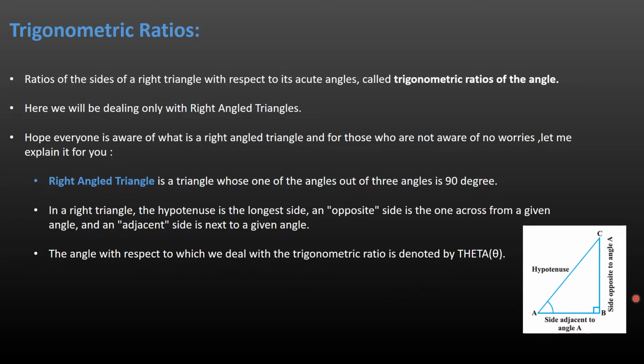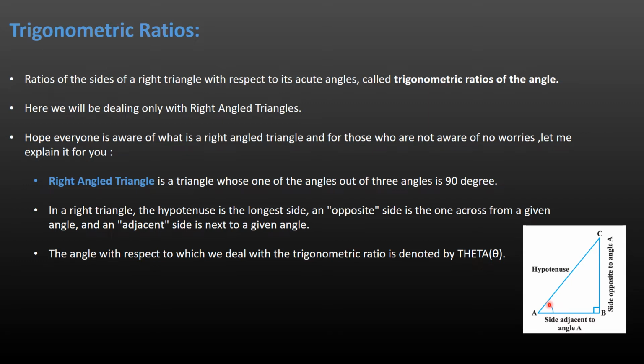So in a right angle triangle, you'll have three sides. The side which is the longest one is the hypotenuse. So here AC, which is the longest side, is called your hypotenuse.